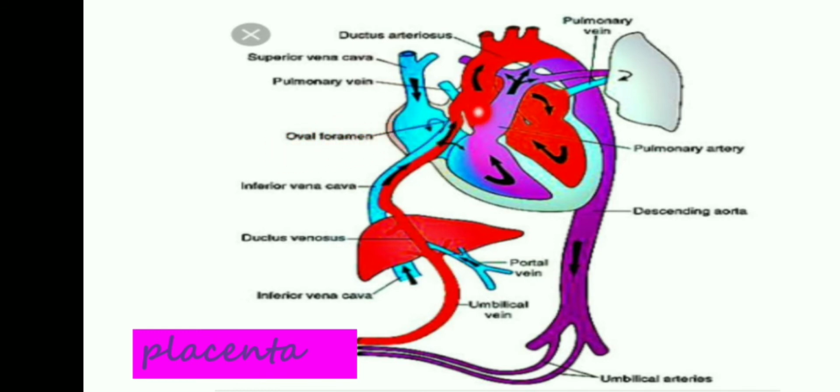Through that, blood goes from the right atrium to the left atrium, and there both bloods mix through the foramen ovale.